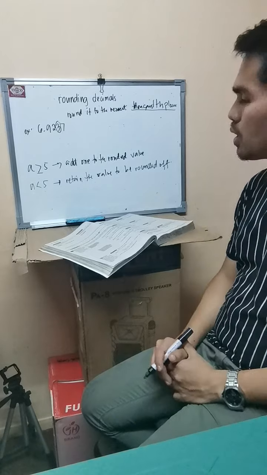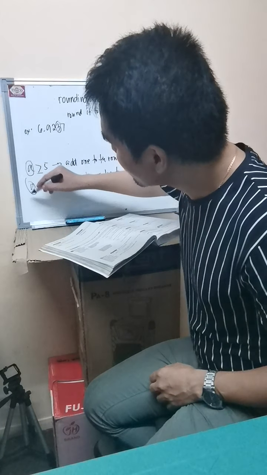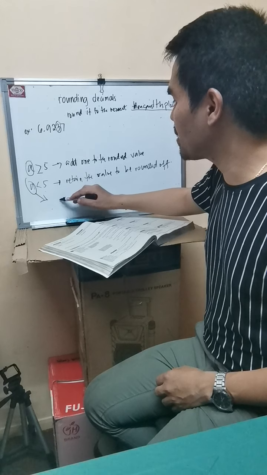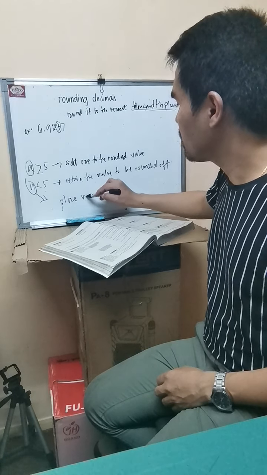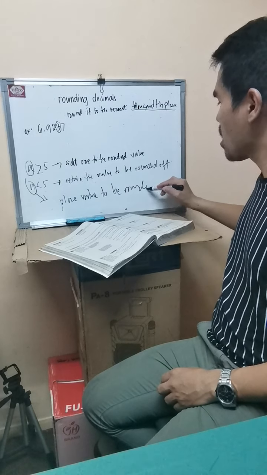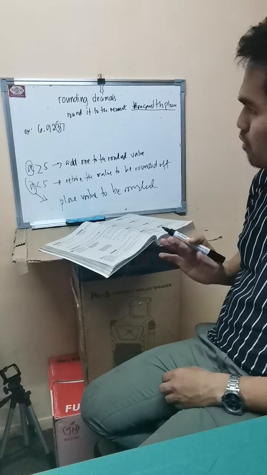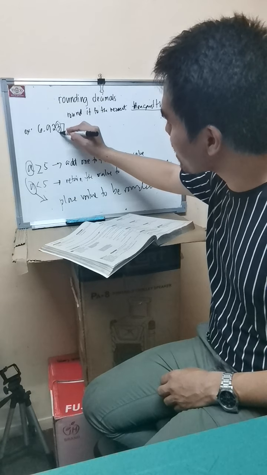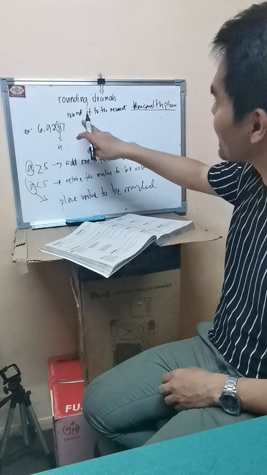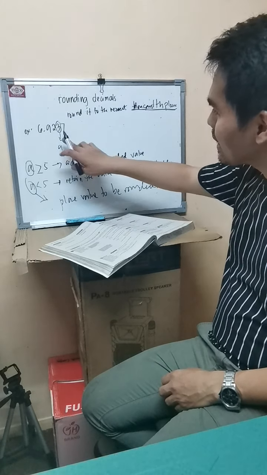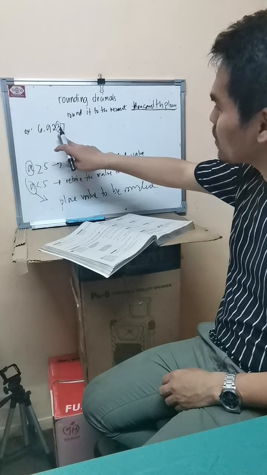Okay, so where A here refers to the place value after the place value to be rounded. So, for example, here, it says round to the nearest thousandths place.